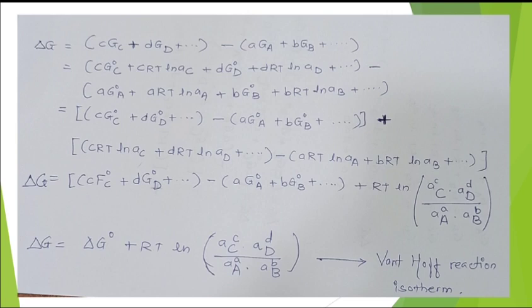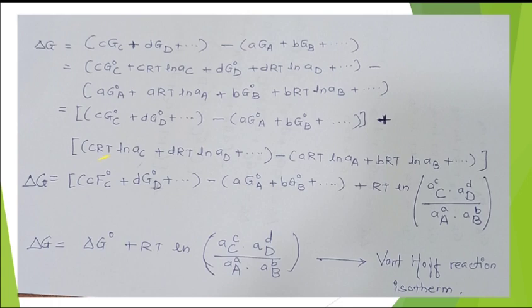Minus, write down a minus symbol, a G standard A plus b G standard B. The first bracket is written as it is, and for the second case you write plus RT. This is our second bracket which we have taken from this equation.